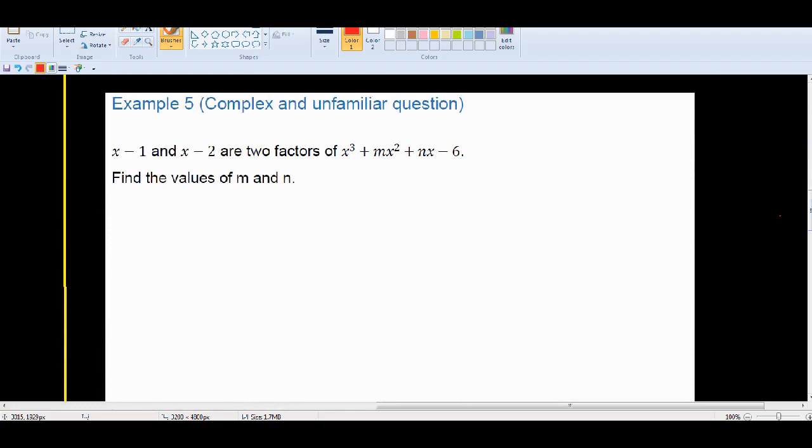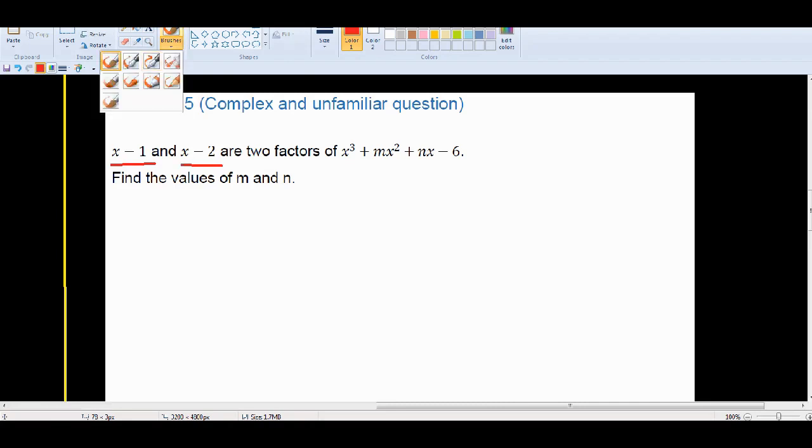Okay, so the last example, I should say, the last two examples will be the most difficult so far. It's about complex and unfamiliar questions, and you are going to be given two factors rather than one.